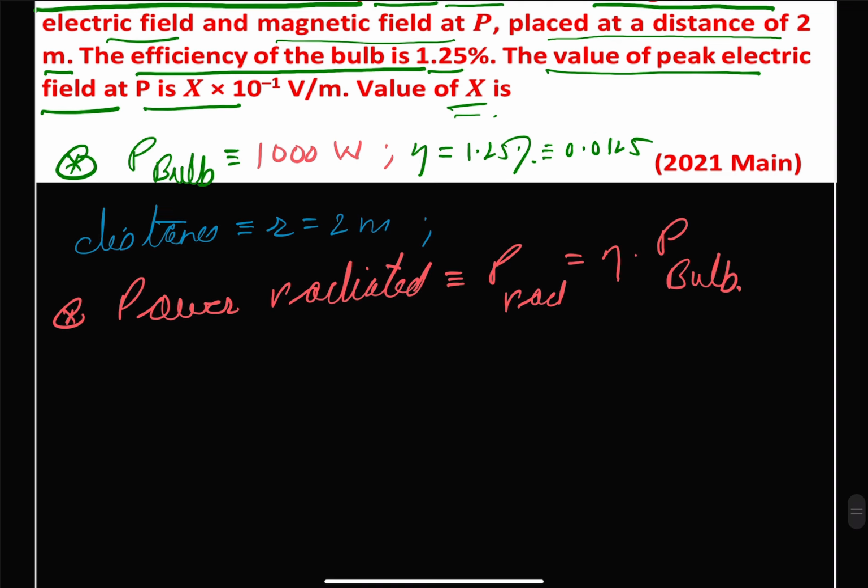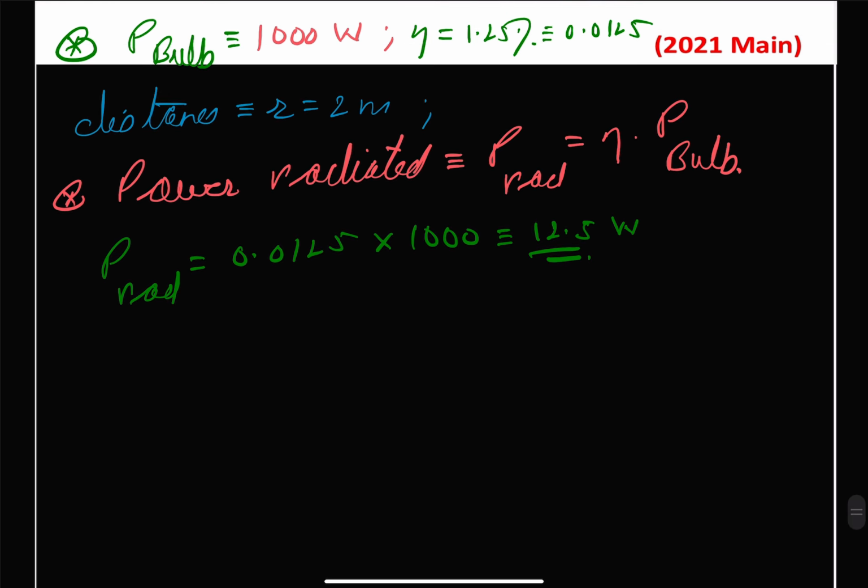Therefore, we get that this P radiated is 0.0125 multiplied by 1000. This comes as 12.5 watts. Now intensity at 2 meters. Intensity at R is equal to 2 meter.